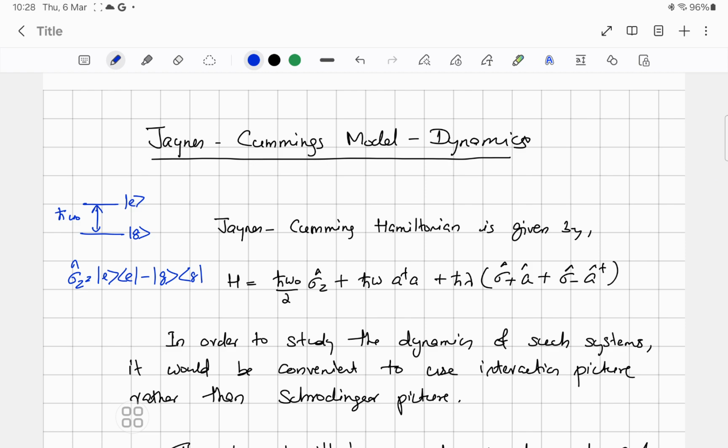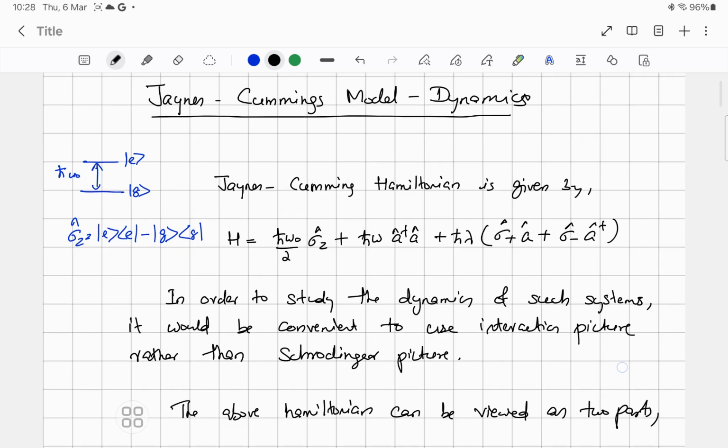And a† and a are the creation and annihilation operators for photons. You can denote these as â† and â.